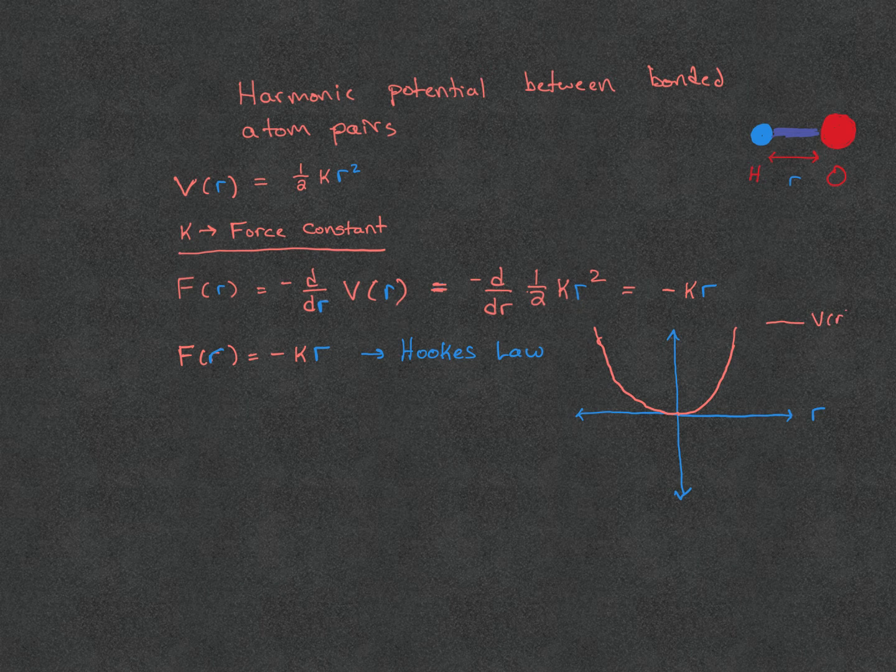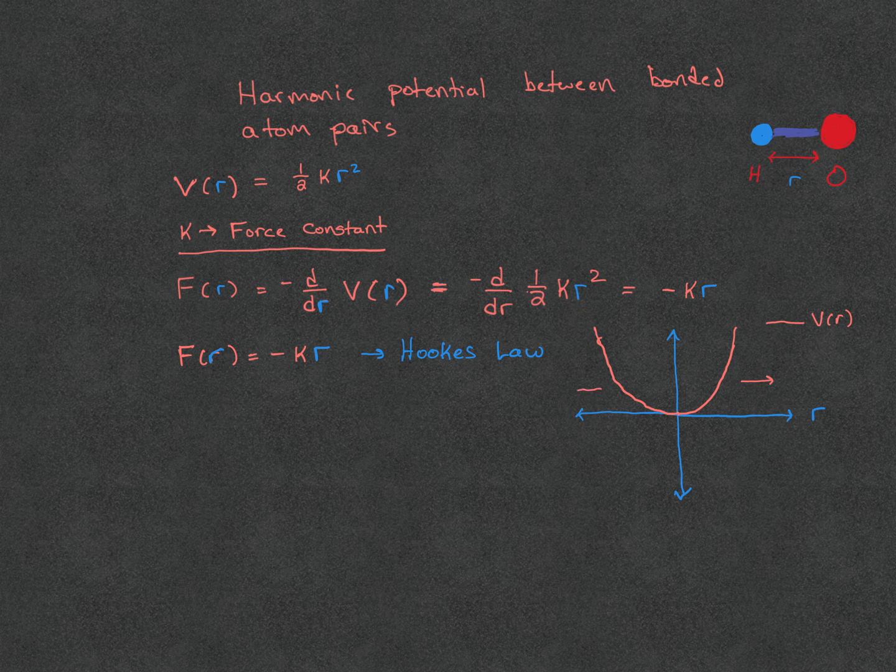All right. So this is V of R. You can see it's a parabola. And what this tells you is if I pull my atoms farther apart relative to the equilibrium, the potential energy goes up.